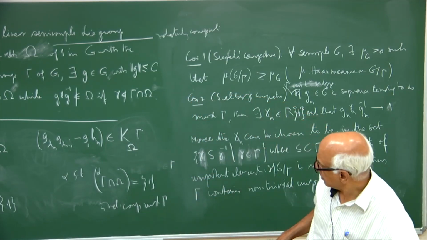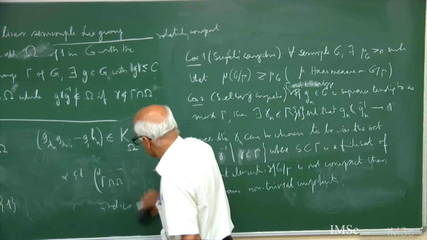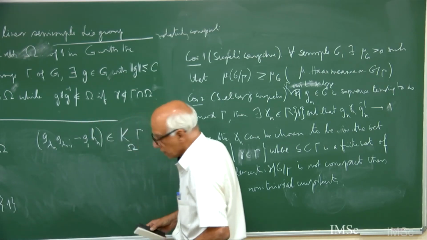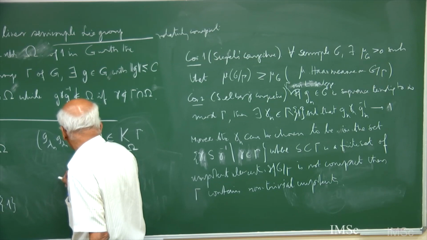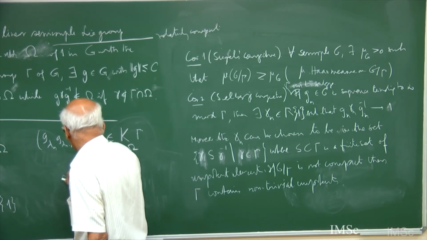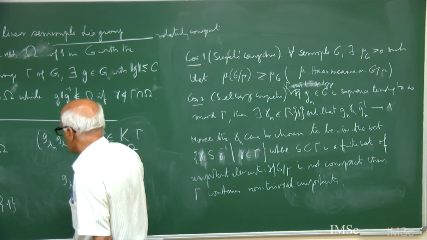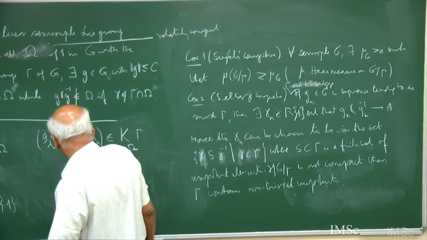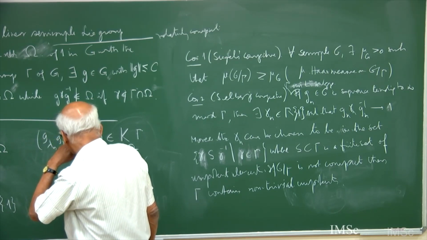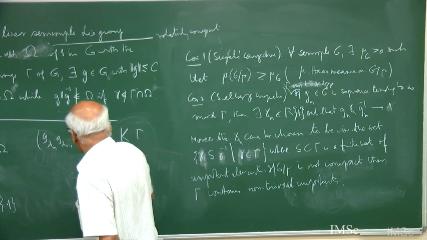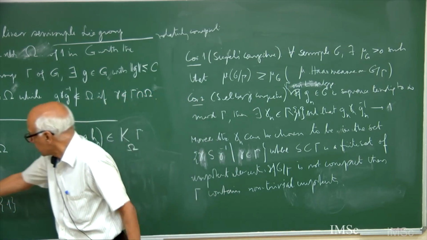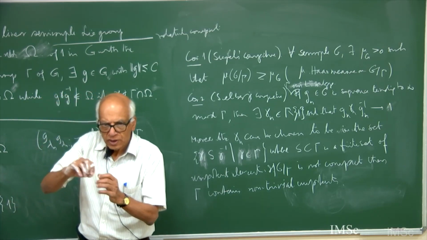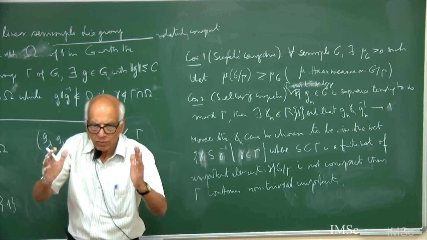On the other hand, if you look at g lambda n minus 1, etc., look at the last one. When you keep pushing out, elements keep expanding in norm.